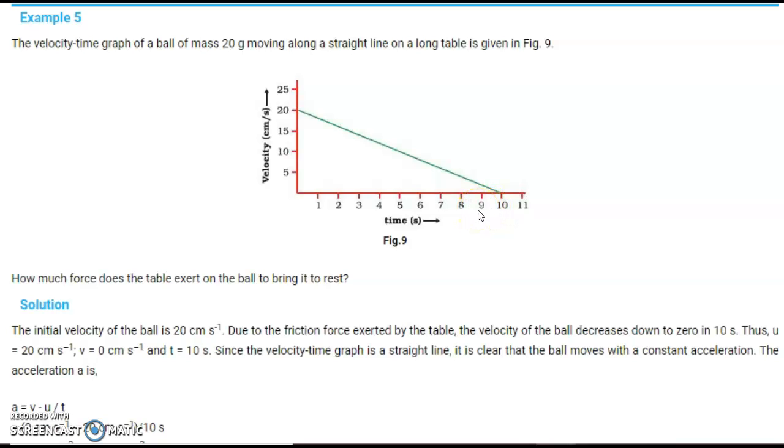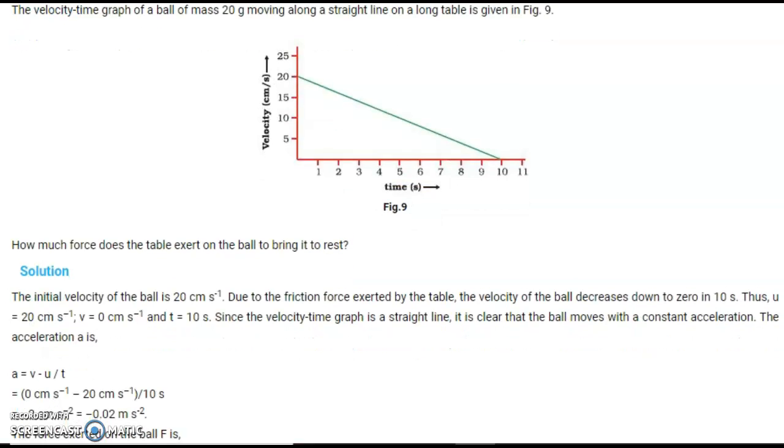Since it is in a straight line, you can say the ball is moving with a constant acceleration, because velocity change upon time is acceleration. So the acceleration a is equal to v minus u upon t, from the equation v is equal to u plus at. So what is v? v is 0, u is equal to 20 centimeter per second, and time is 10 seconds.